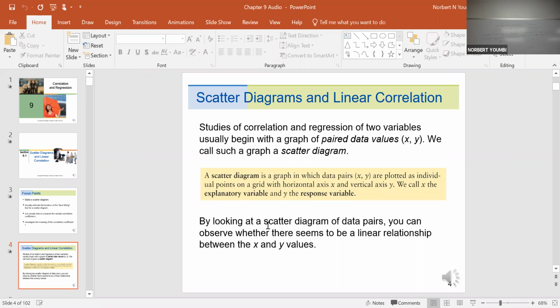This scatter diagram is useful in the sense that it can help identify the nature of the relation between the two variables. We may be able to detect if there is actually a relationship or not. And if there is one, whether that relation is linear or non-linear.